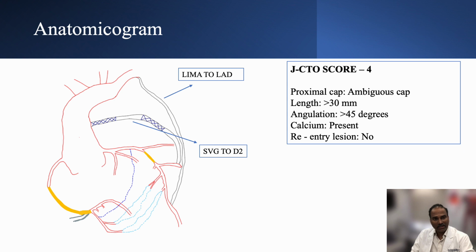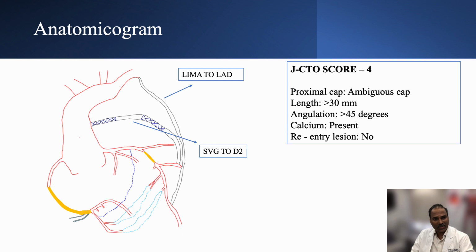The points here are that it's a long CTO, there was an ambiguous proximal cap, and there was an SVG on the distal RCA close to the crux, and the CTO is almost extending up to the crux. It's an ambiguous distal cap as well. So overall the CTO complexity is very high.